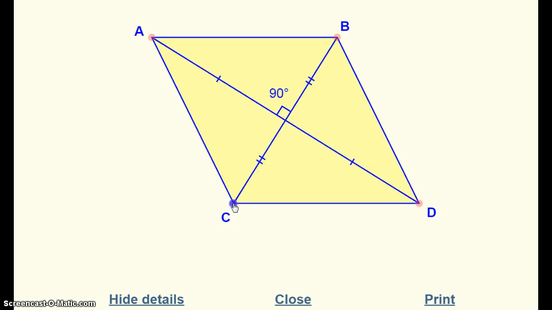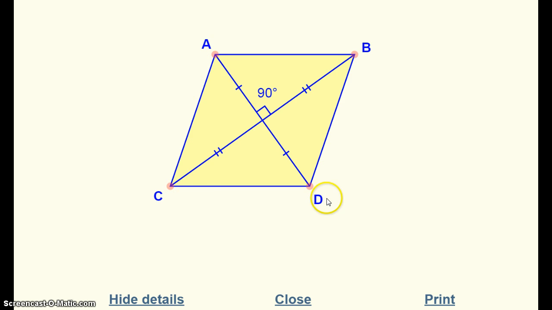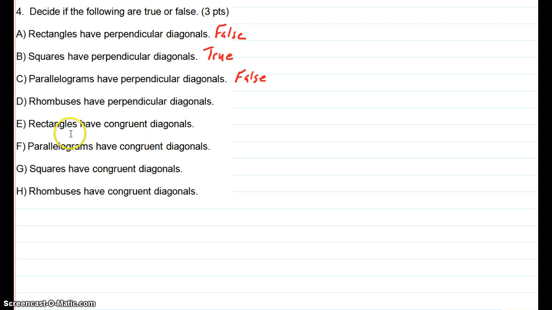No matter how I change the size or the shape of the rhombus, the sides on the outside are always the same, and the diagonals are always 90 degrees. Since a rhombus is a parallelogram, notice that they show that the diagonals are bisected. But the question was, do rhombuses have perpendicular diagonals? The answer is yes. So that is a true statement.